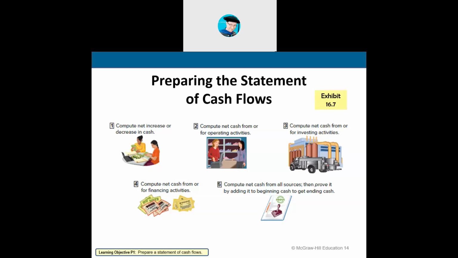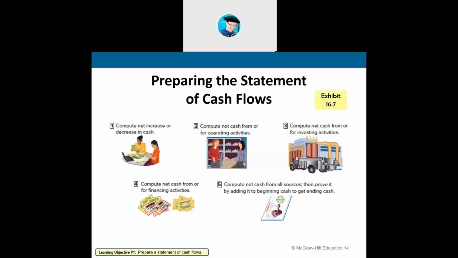Step 3, we compute the net cash flow from investing activities. The sale of property, plant, and equipment minus the purchase of property, plant, and equipment equals net cash investing activities. Step 4, we compute the net cash flow from financing activities.